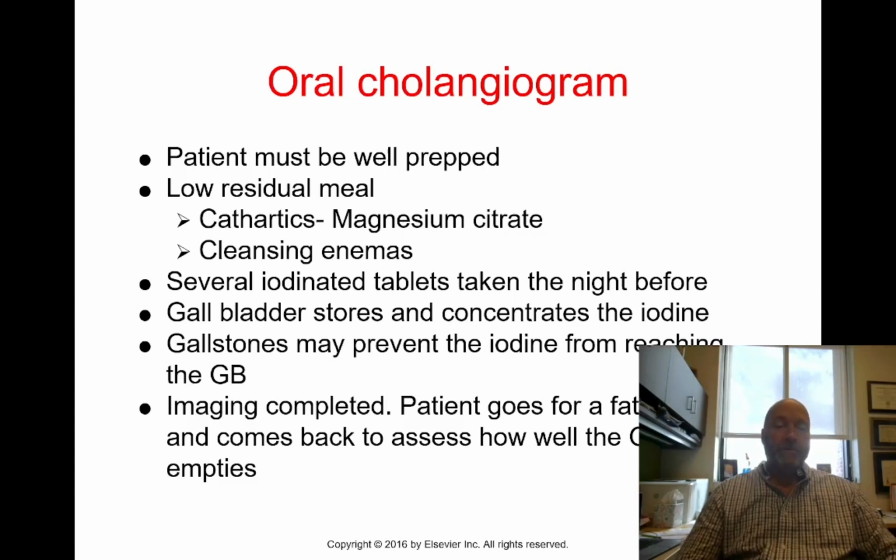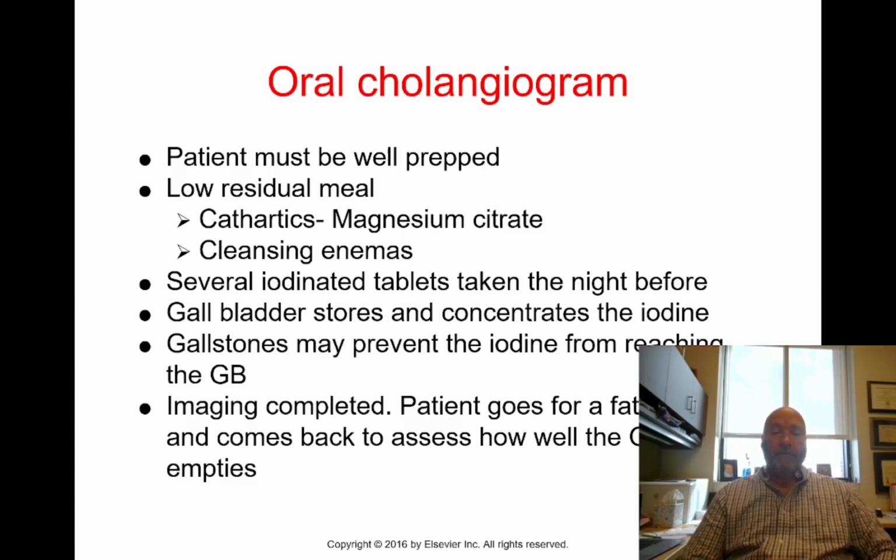So what we do is we have the patient take these steps, and then they take several iodinated tablets, like 6 to 8 tablets the night before the exam, and the gallbladder takes that iodine in. It removes the moisture from the bile, and it concentrates the iodine along with bile in the gallbladder.